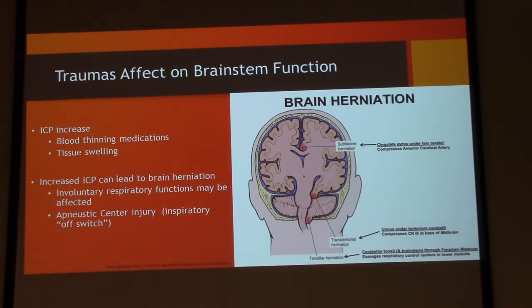Usually we have Cheyne-Stokes type respirations. There are a couple of different types of brainstem herniation. One is where you can have the bleed or the damage in the front and it pushes the brain back and down.